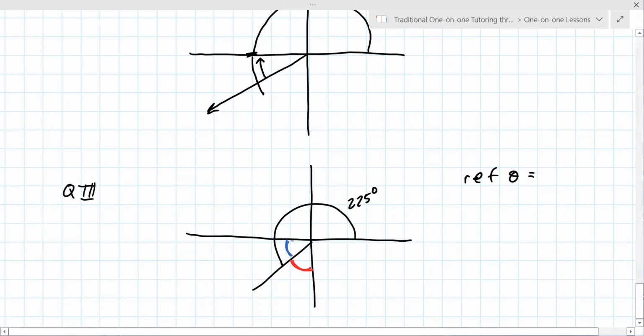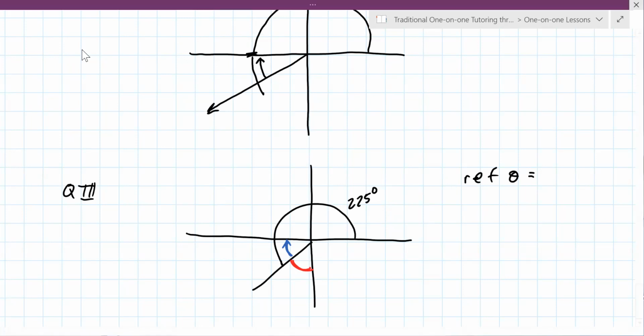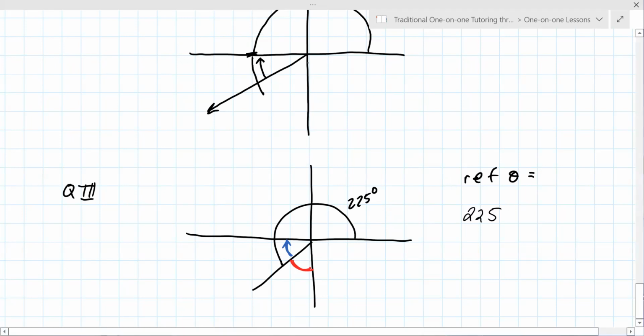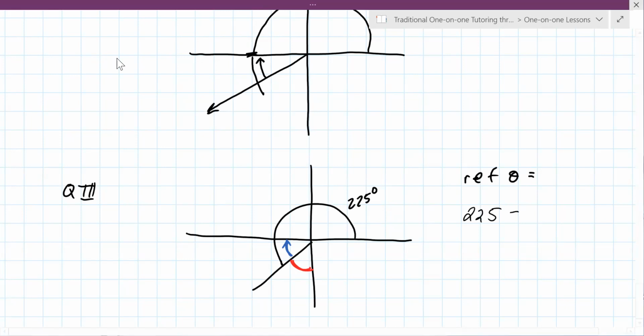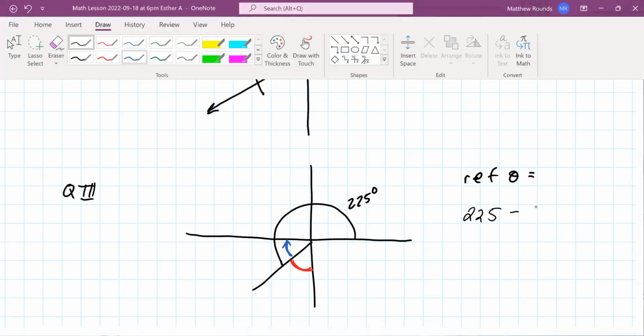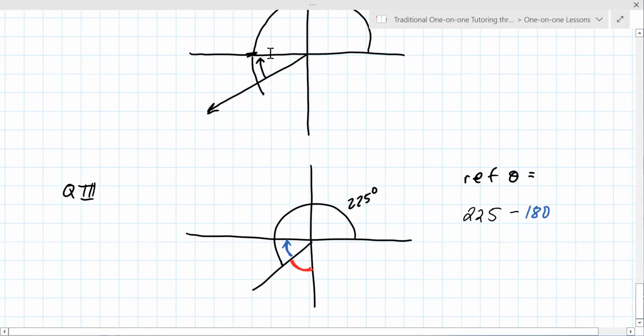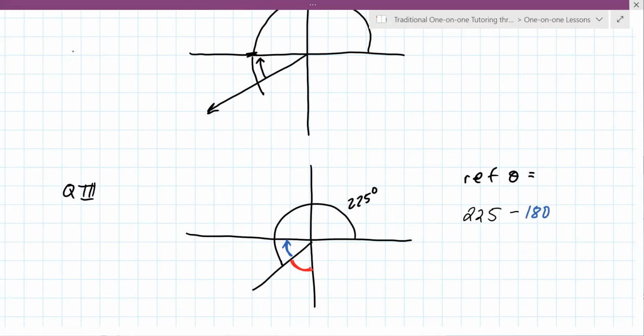See how we went too far? You overshot your destination and you have to go back. It's like your friends driving by us and going 3 houses down the street. You don't tell them to keep going; you say go back 3 houses. So it's actually 225 minus 180, which ends up being 45 degrees.